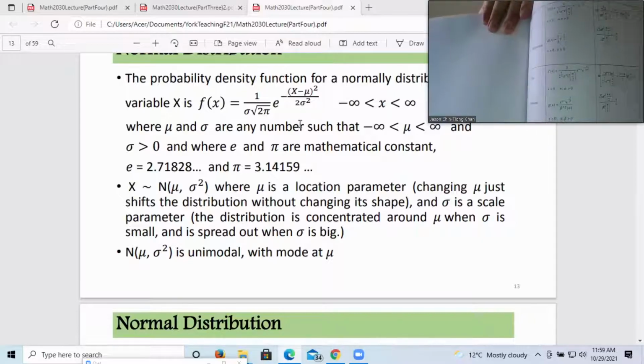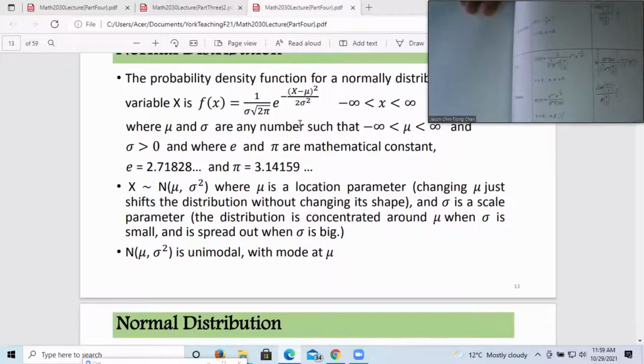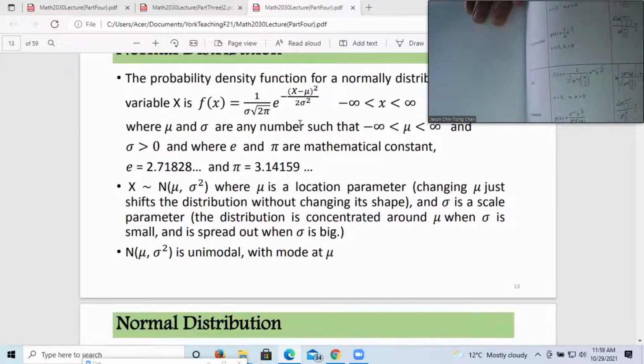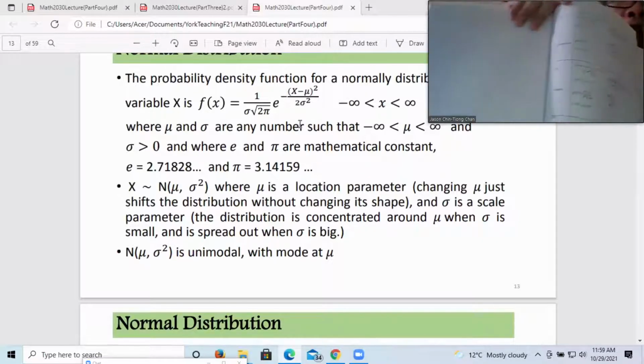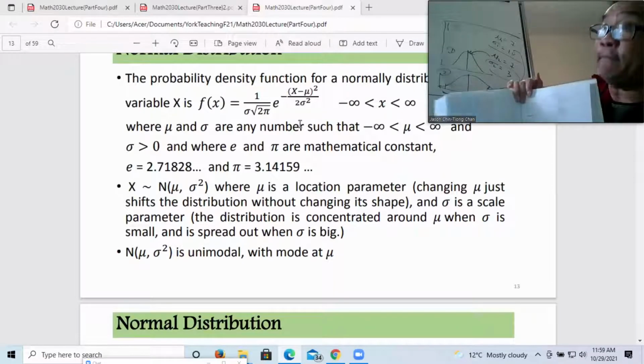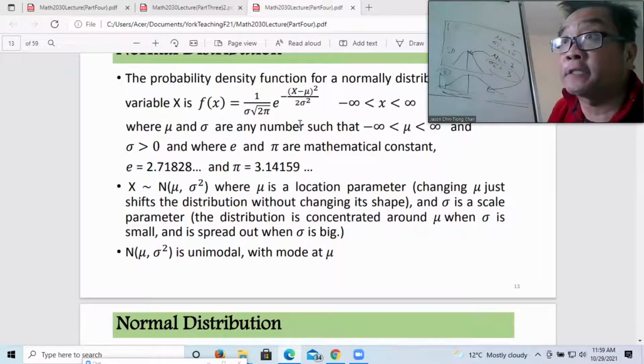Can you see it? Oh, sorry, I need to put it here. Can you see the functions? Yes. So different distributions have different functions.